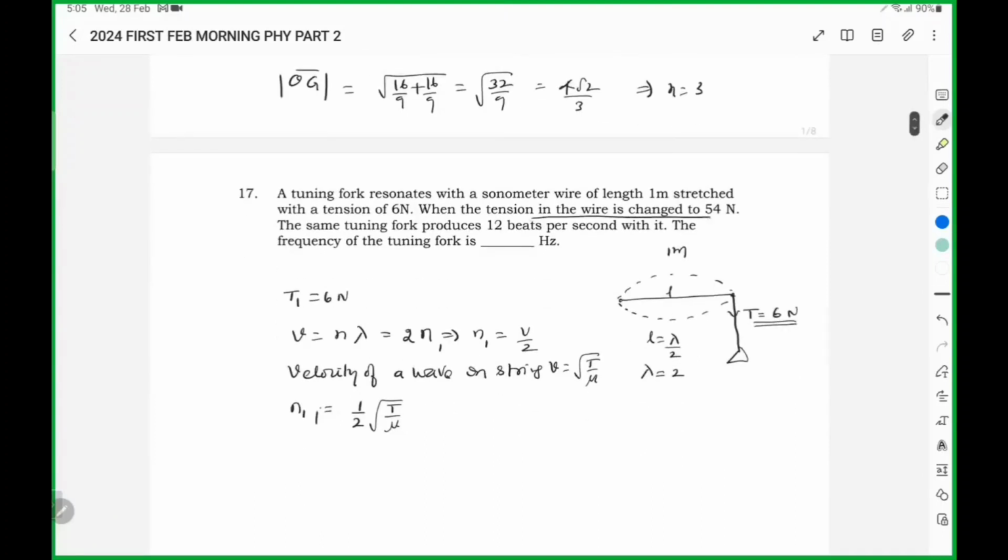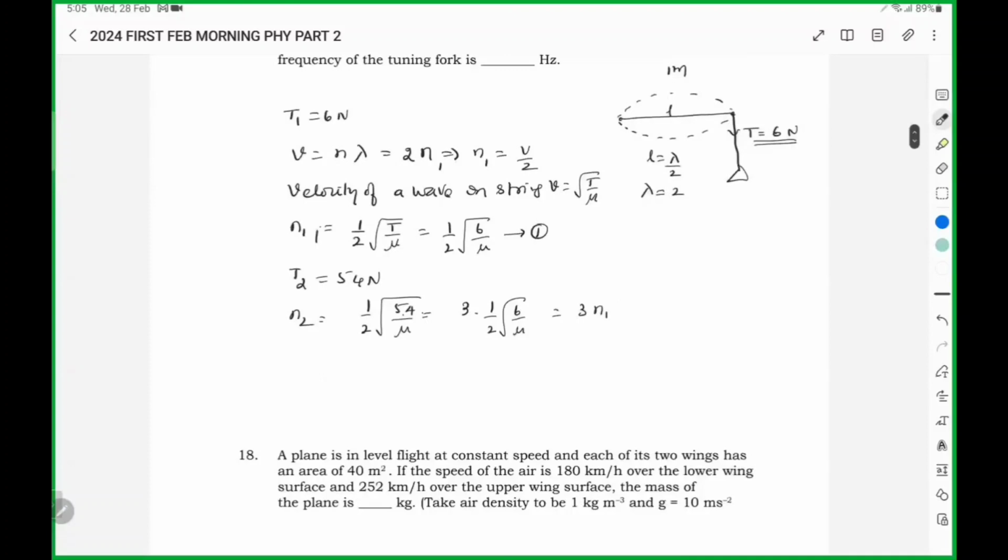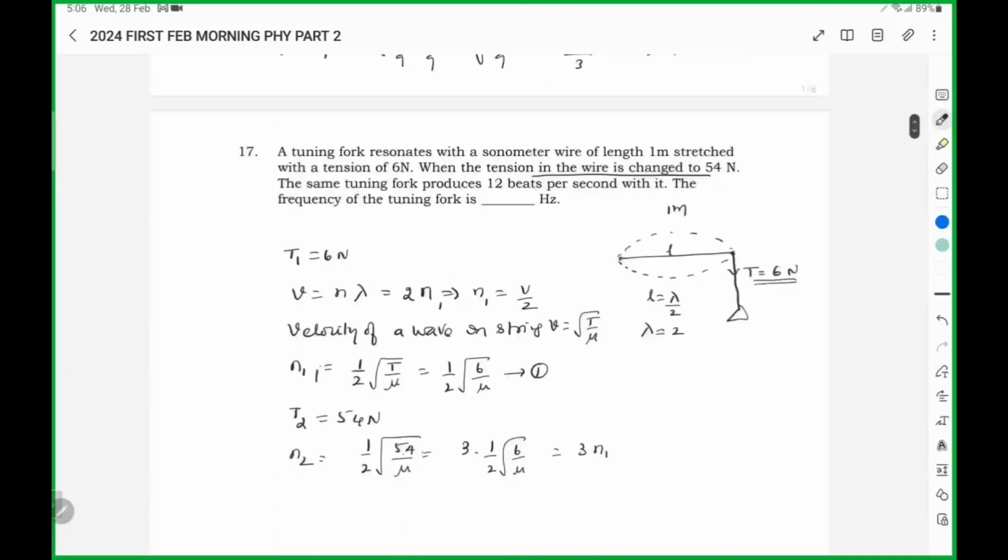When the tension in the wire changes to 54 newtons, the frequency will be half root 54 by mu. So it is 9 into 3 into half root 6 by mu, which is 3 n1. So n2 is 3 n1.